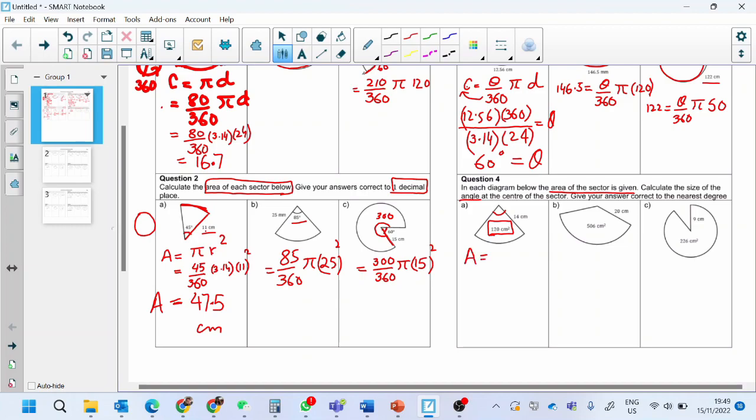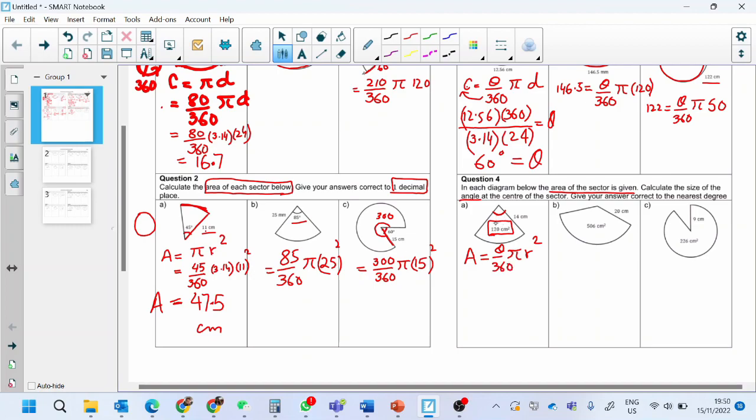And the formula of the area of a whole circle is pi r squared, right? But here we do not have a whole circle. We have just a small sector here. So we have to write this portion as theta out of 360.